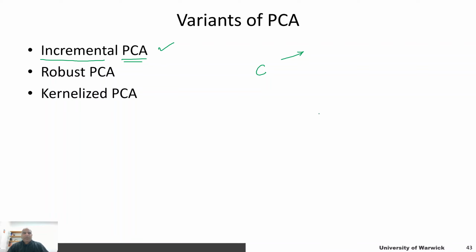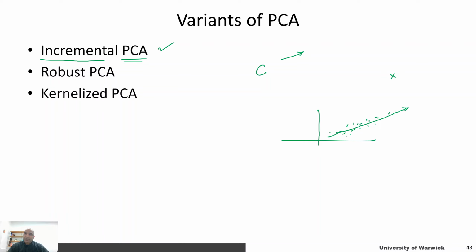One of the problems with principal component analysis is, if you've got data like this, you can have a direction of maximum variance like this one. But if we have an outlier, a data point that lies far away from where the rest of the data is, then principal component analysis is quite sensitive to that.